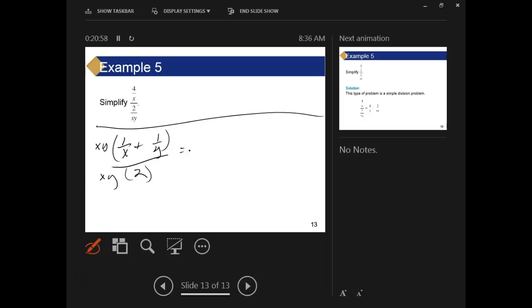Okay? Now, we distribute in the numerator. XY times 1 over X would give you Y. Okay? So that gives you a Y plus X over 2XY.